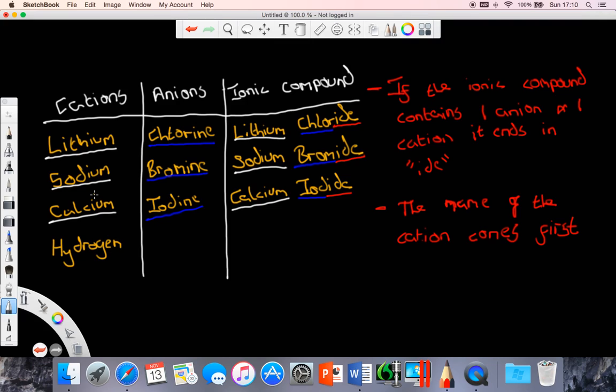Okay? Now, we could add this to oxygen, for example, and this would make hydrogen oxide. And as you can see, we've still got the name of the cation, the name of the anion, followed by "-ide".